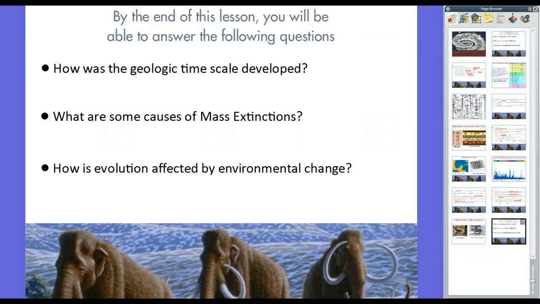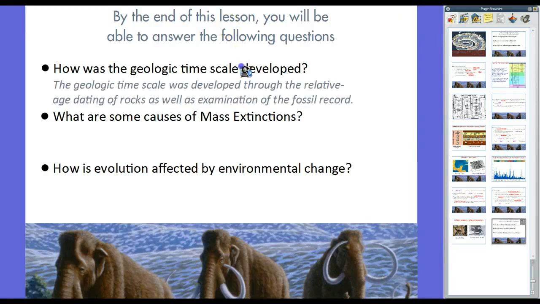How was the geologic timescale developed? Scientists developed it through the relative age dating of rocks as well as the examination of the fossil record. What we saw was the older the rocks were in the geologic column, the more simple the organisms. Putting two and two together, we figured that life evolved on the planet as time went on. Only through absolute age dating methods were we able to pin down the ages of these rocks.